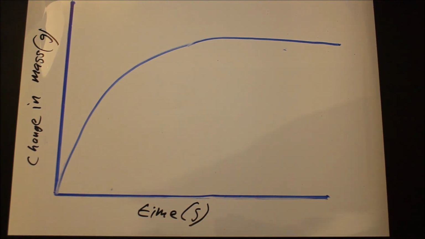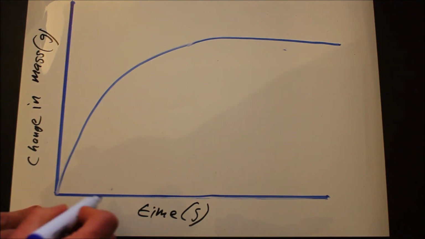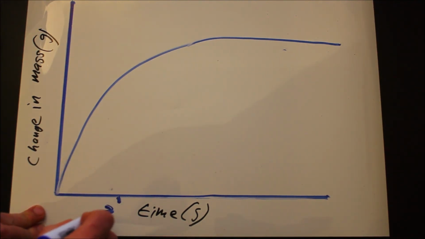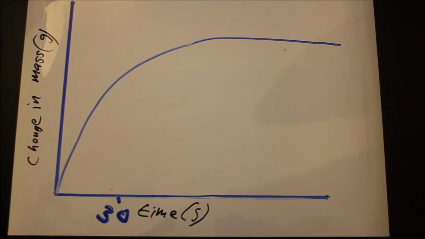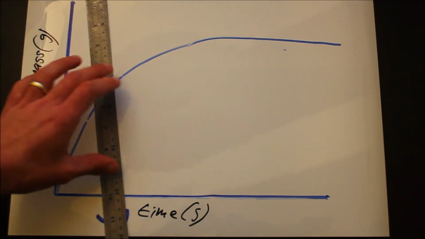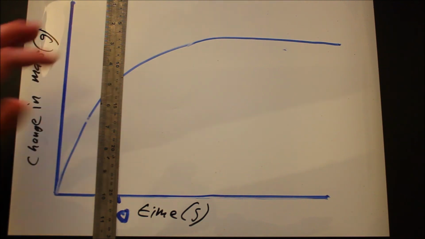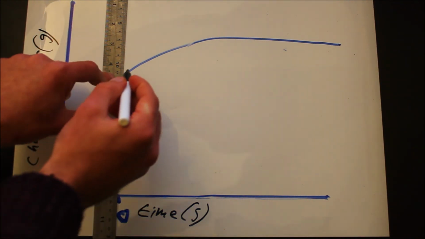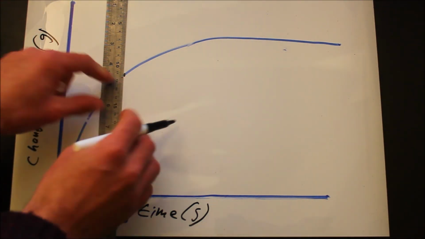So say the question says, what is the rate of reaction at 30 seconds again? And we'll have 30 seconds is here. Okay, so there's our 30-second mark. And much like before, you're going to trace up to the line of the graph at 30 seconds and put a little mark on it this time.